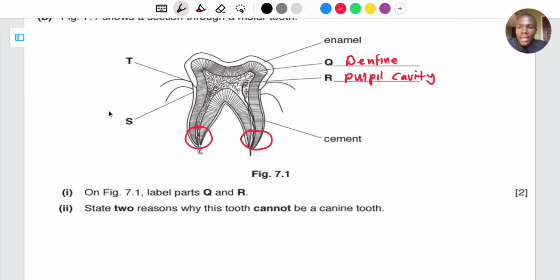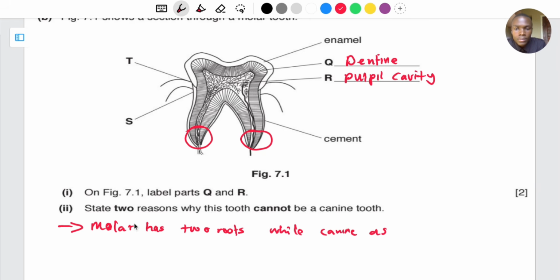The canine has only one root, but this molar has 2 roots. So we are going to say the molar has 2 roots, while the canine has 1 root.